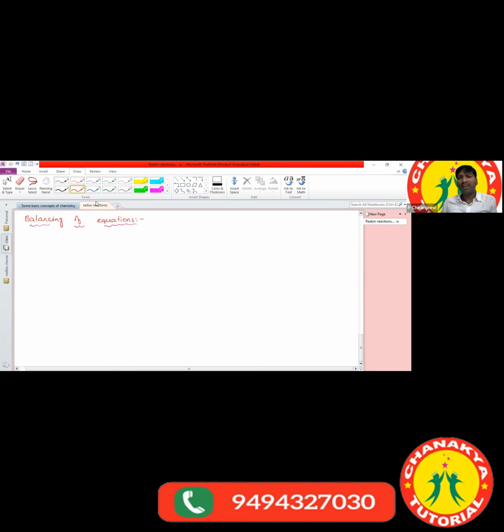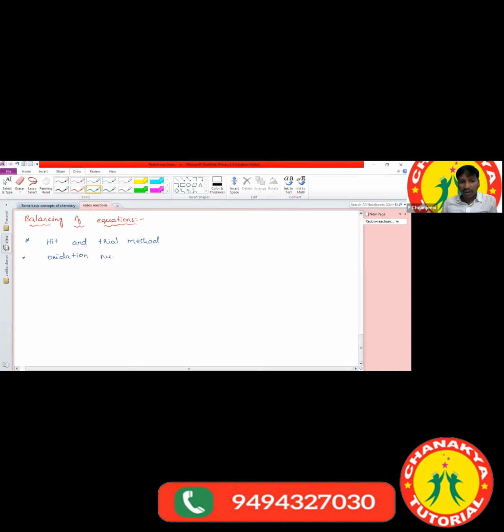One is the hit and trial method. What does the hit and trial method mean here? Generally, we are not using that one. The first is the hit and trial method. Second is the oxidation number method.